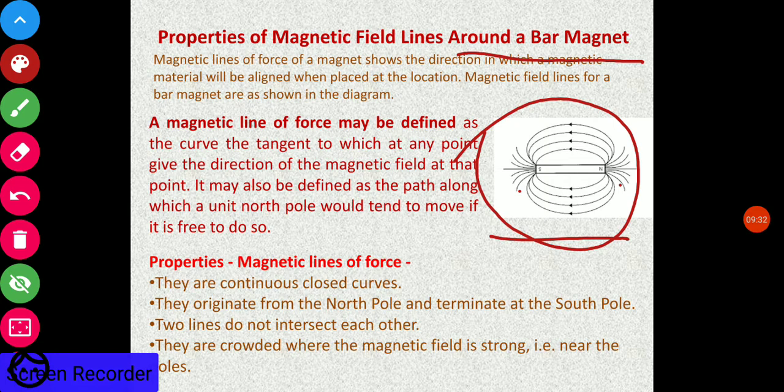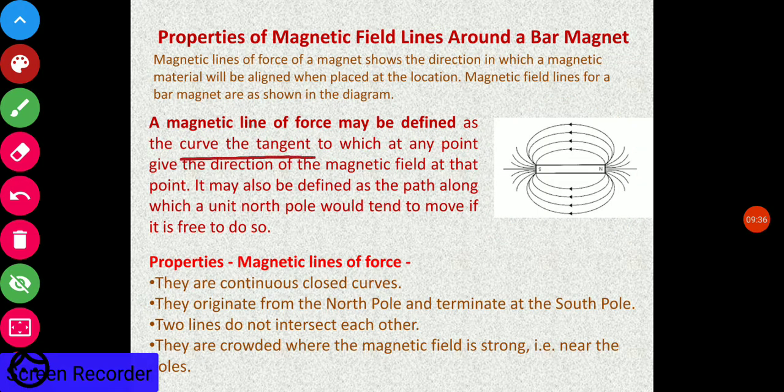Magnetic lines of force may be defined as the curve, the tangent to which at any point gives the direction of the magnetic field at that point. So these are the curves, and at every point the tangent gives the direction of the magnetic field.